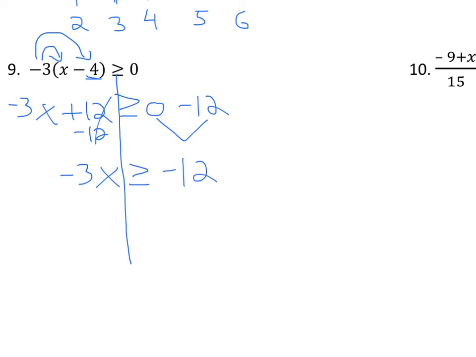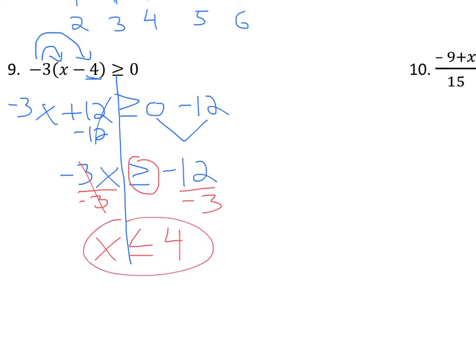I'm going to divide both sides by negative 3. So because I divide both sides of an inequality by a negative, all right, I get x by itself. This greater than or equal to is going to change to less than or equal to. And negative 12 divided by negative 3, the negatives cancel. That gives me 4. So I have x is less than or equal to 4. So that took me 3 steps, and I had to switch the inequality symbol.